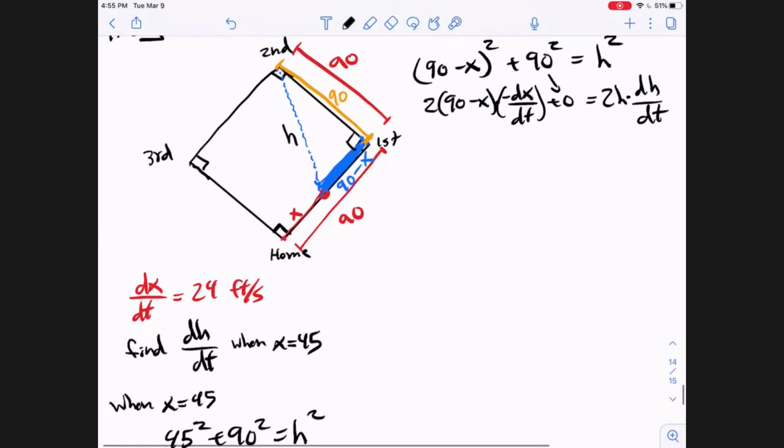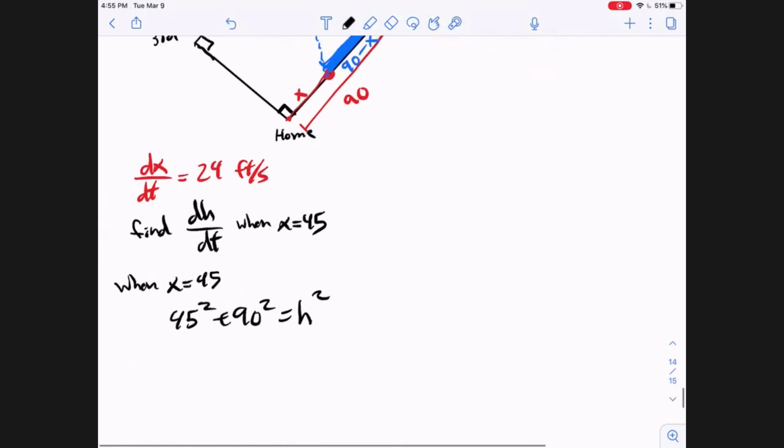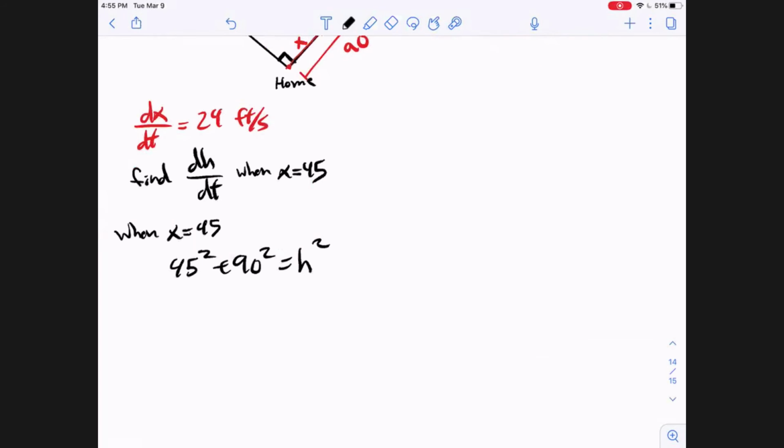So I'm trying to figure out what h is at that time, so I'm going to do this side problem here. So I get 10,125 equals h squared. So h equals the square root of 10,125.